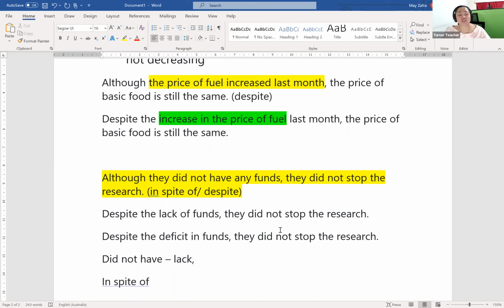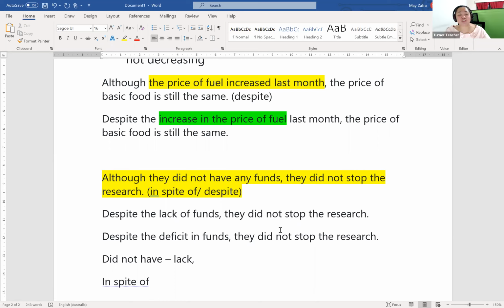Let me check that first because I'm not convinced. Here it's not an adjective but an adverb. So it's not correct there, Muhammad.